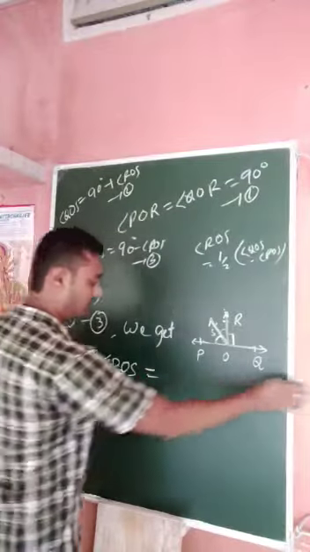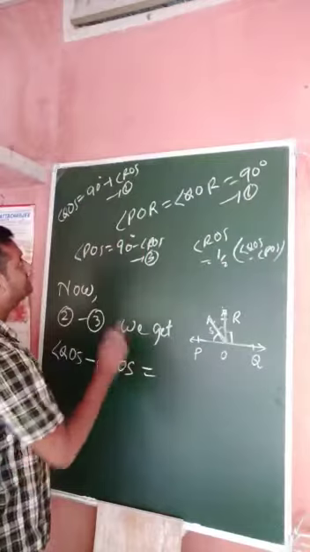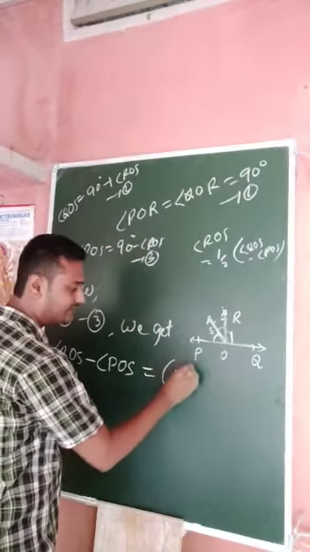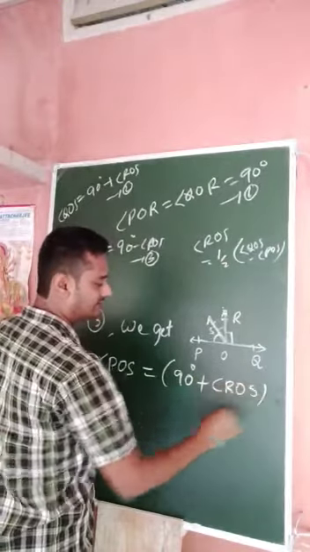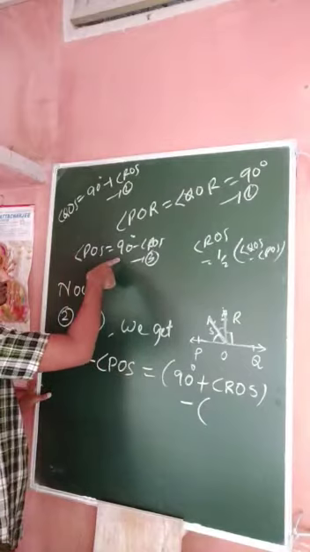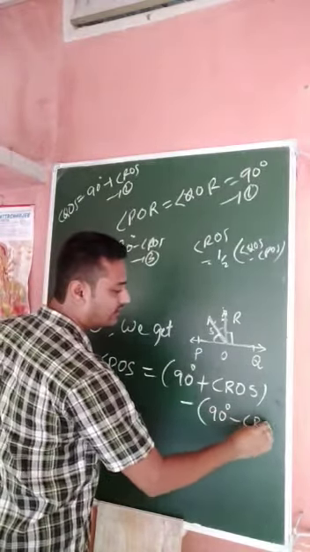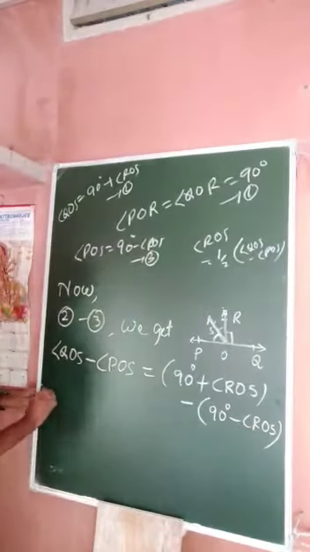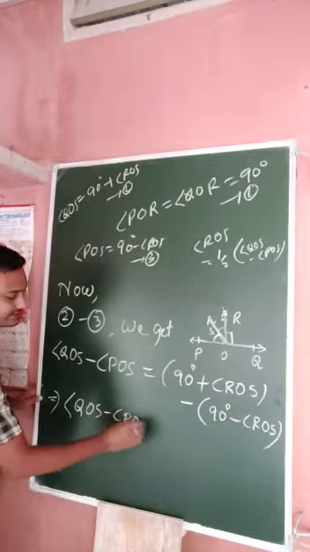Now you just come to the right hand side. Right hand side is this one, 90 degree plus ROS. Always use bracket because there is sum of two things. Minus the right hand side of POS, which is 90 degree minus angle ROS. So left hand remains same, QOS minus POS.